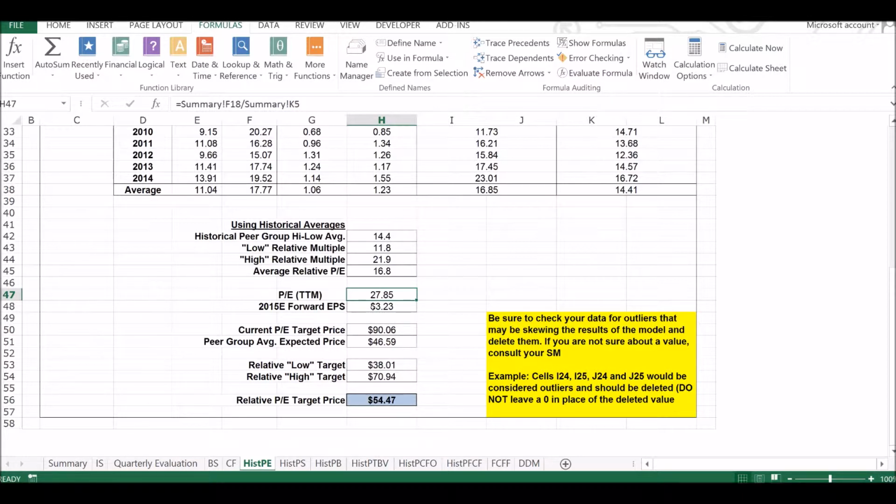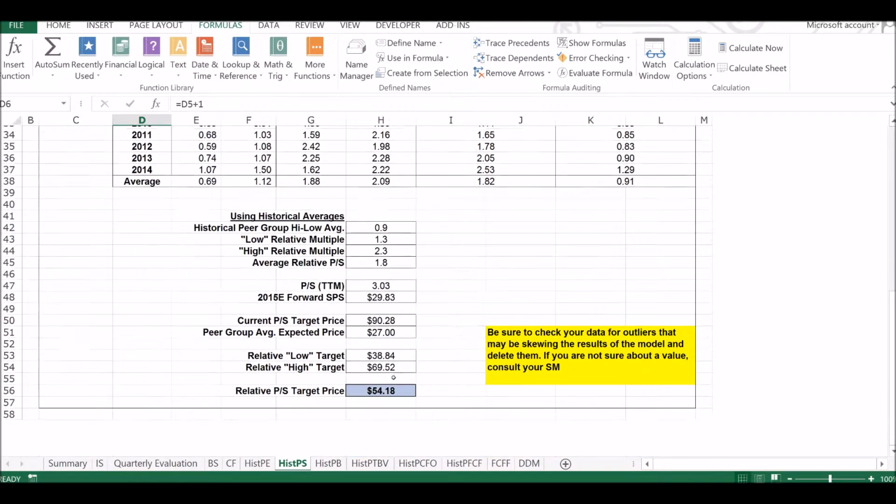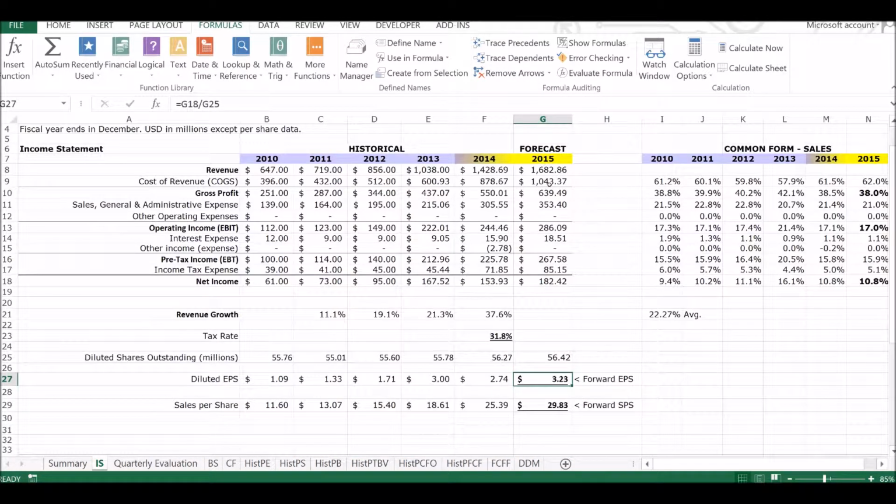Now, this forward EPS comes from your income statement. It's right down here. It's based on your forecast for the upcoming year. Each one of these historical models has that figure in it, forward SPS, which also comes from the income statement.